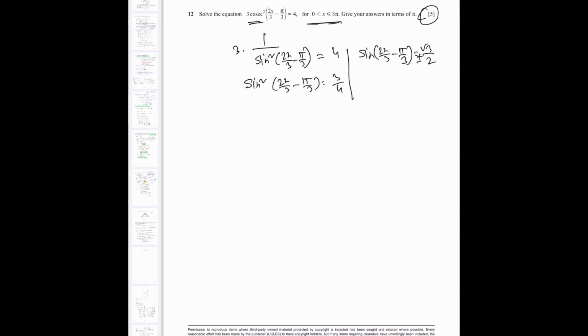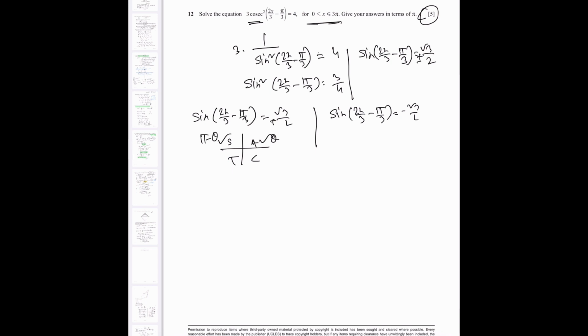Two results: sine of 2x by 3 minus pi by 3 equals root 3 by 2, and another one is sine of 2x by 3 minus pi by 3 equals minus root 3 by 2. So consider these two, theta and pi minus theta. Root 3 by 2, sine inverse of root 3 by 2 is pi by 3.